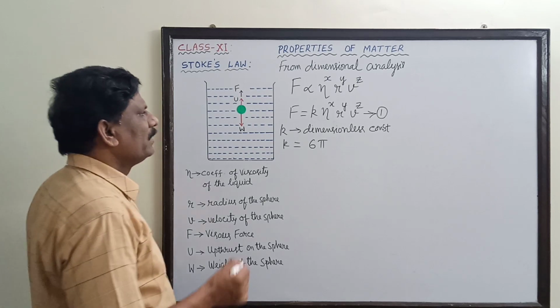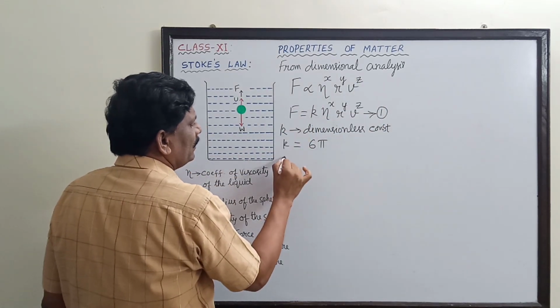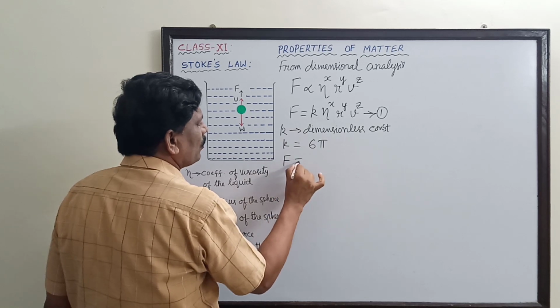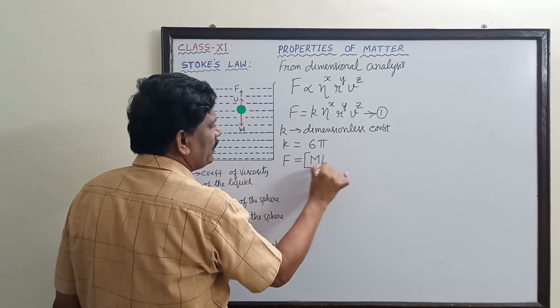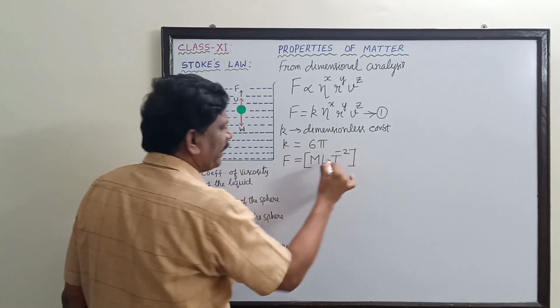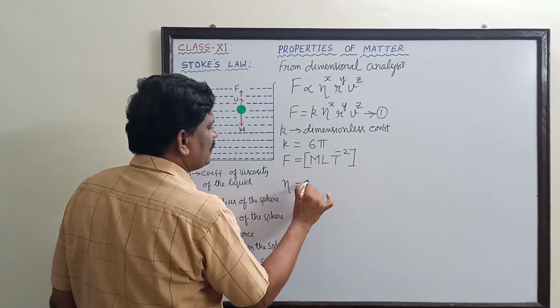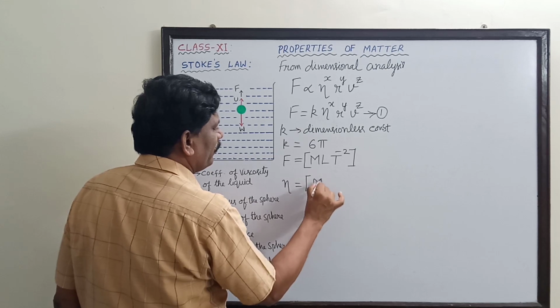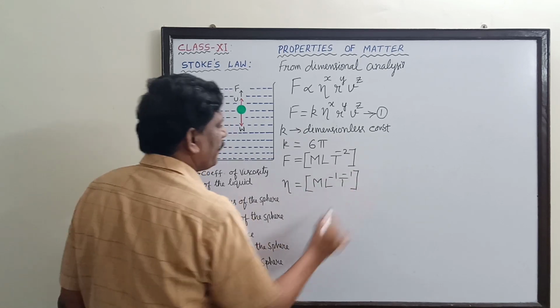Now the dimensions of the various terms. The dimension of force is mass into acceleration, M L T power minus 2. Then the coefficient of viscosity is M L power minus 1 T power minus 1.